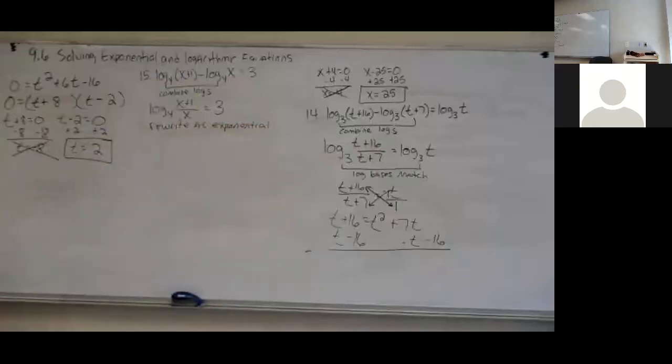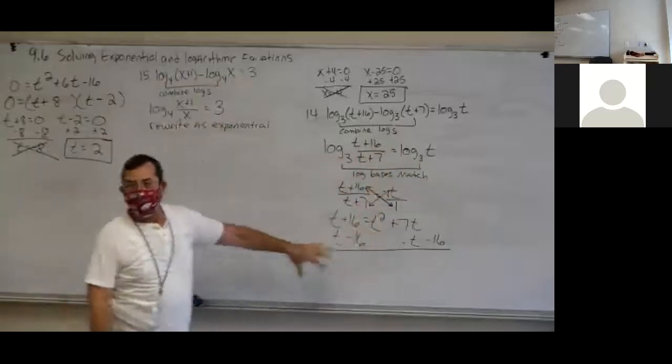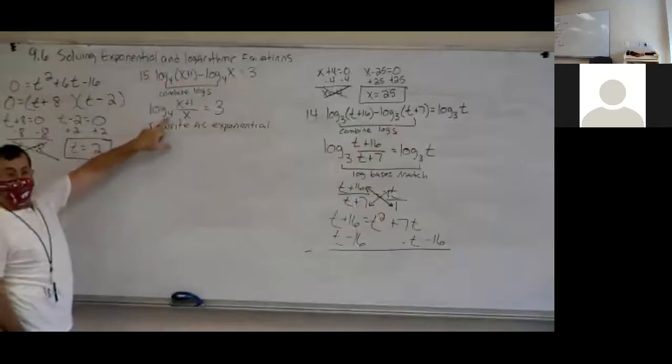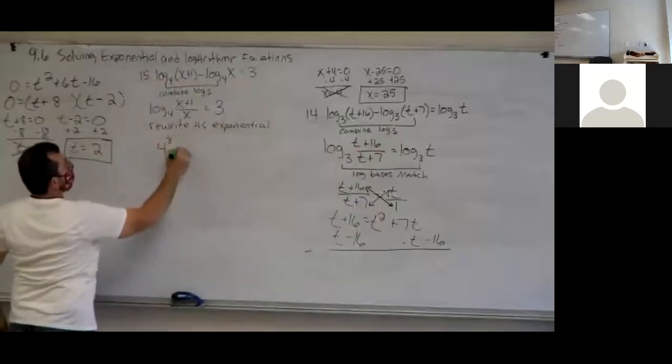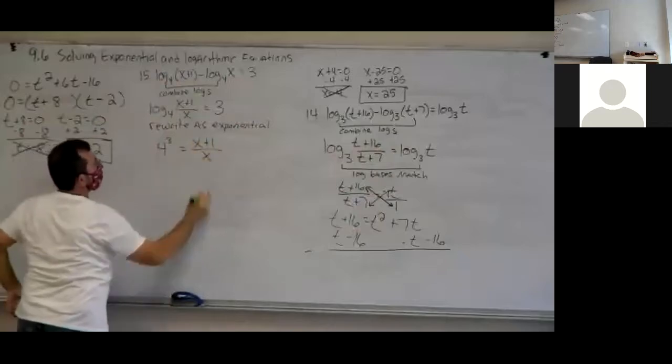When do you rewrite them as exponential, and when can you use that log-based property, okay? So like this one, I was able to use the log-based property. I had logs on both sides. This one, I'm going to rewrite as exponential. My base is 4. My exponent is 3. And that's going to equal x plus 1 over x.